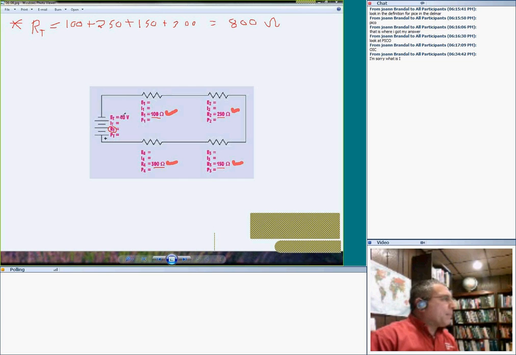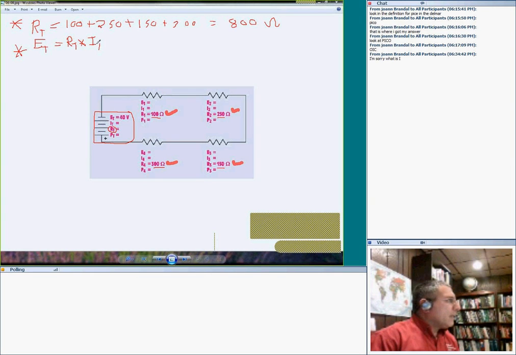Now, applying the rules of the series circuit, guys, remember, we're going to apply Ohm's law and the power law at the source. It doesn't take a genius. If I know the total resistance, from Ohm's law, E total equals I total times R total, because I'm only looking at the total.